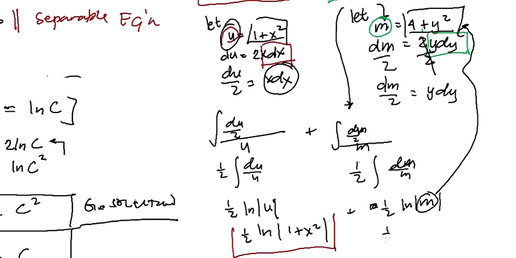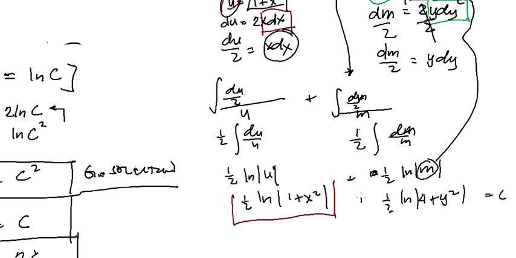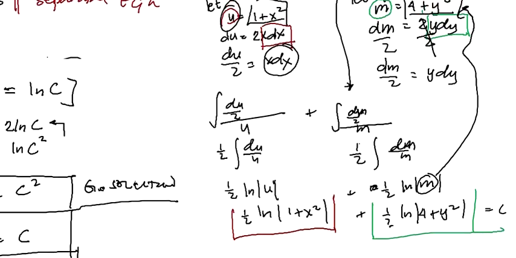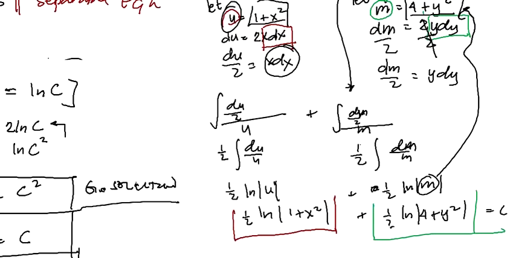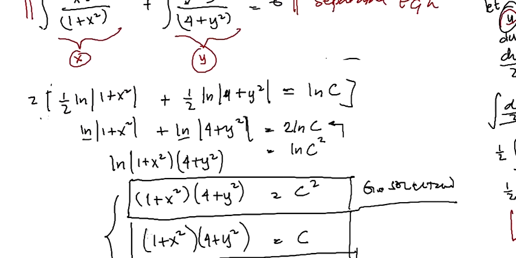So we have 1/2 ln of 4 plus y squared. Okay, then our c. Okay, so that is the integration part of this integral.